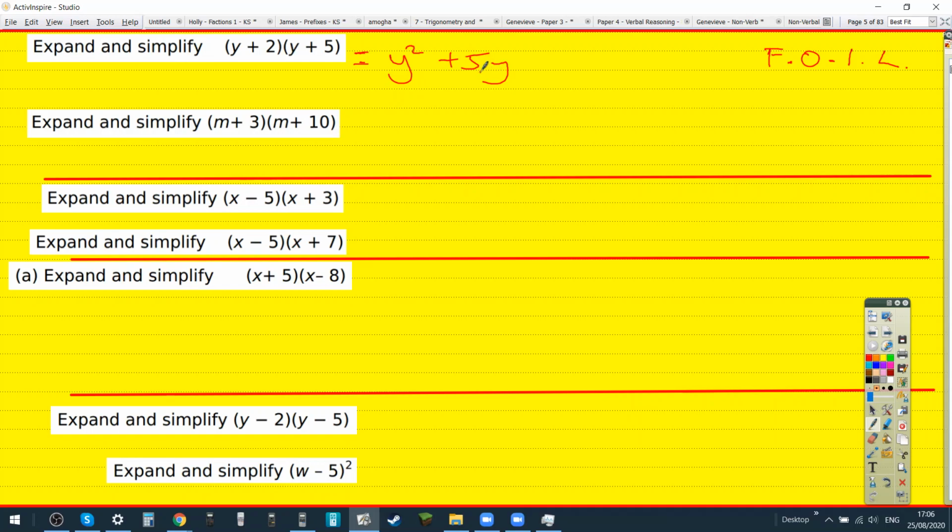And then you do 2 times y, which is 2y. And then you do 2 times 5, which is 10. And simplify the middle.